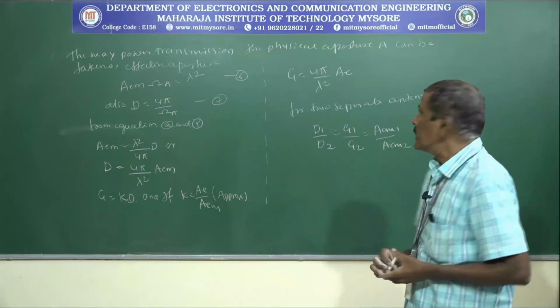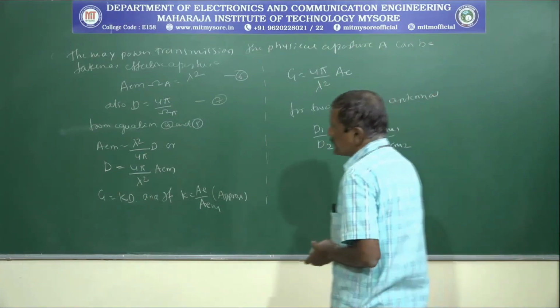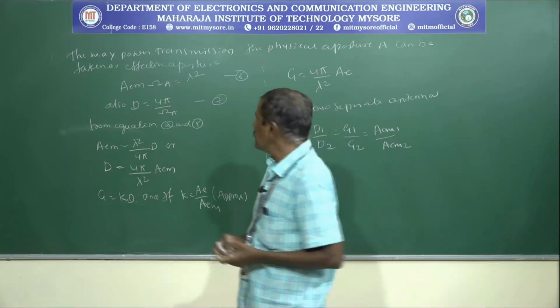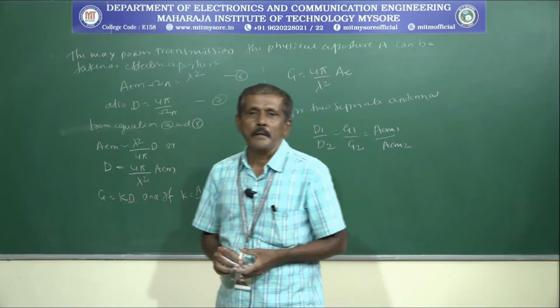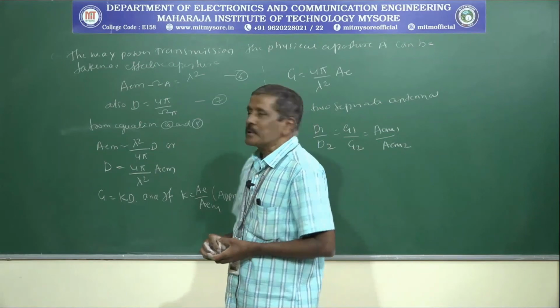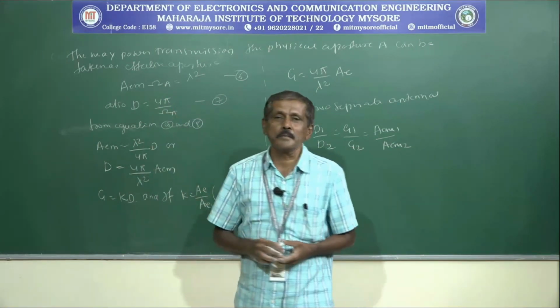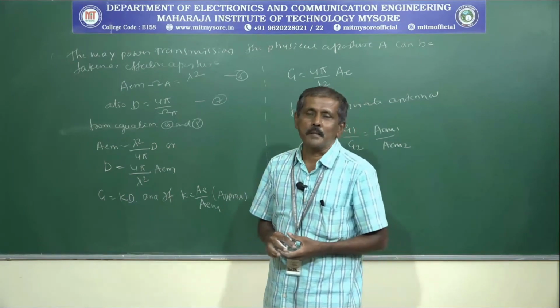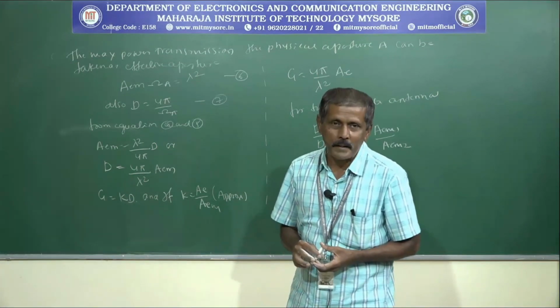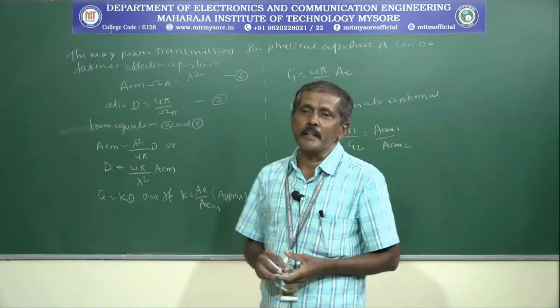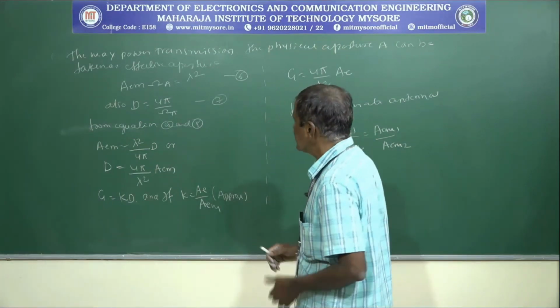For the maximum power transmission, the physical aperture A can be taken as the effective aperture. That means in order to relate the various terms, we are considering the maximum power transmitted by the antenna, so the physical aperture we are taking as the effective aperture.